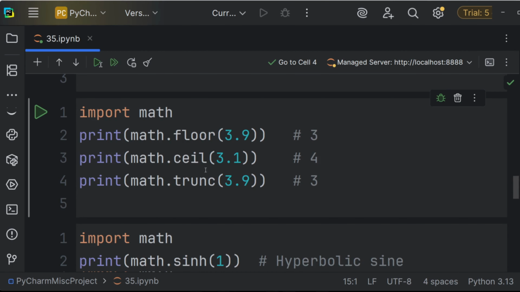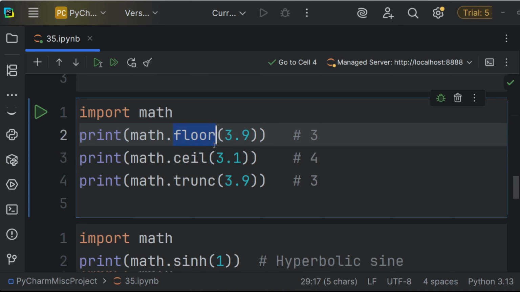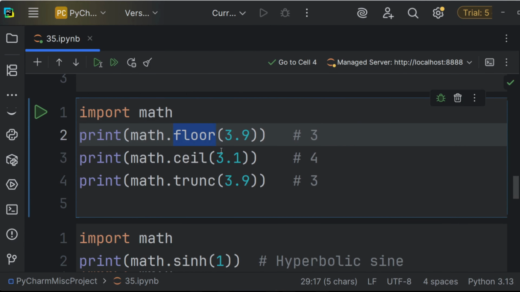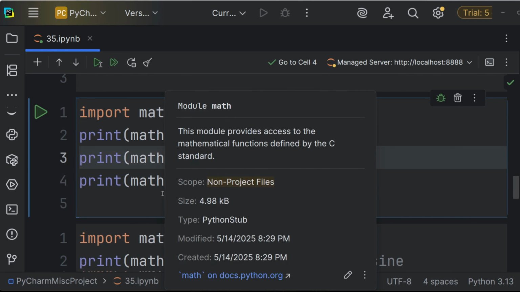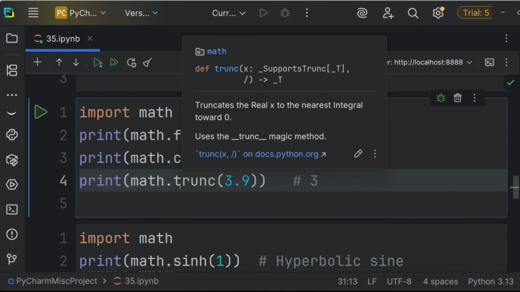Now, last time we saw the ceil and floor function. Python's ways to round a number down or up. So let's revise it really quickly. Floor 3.9 will round it down, which gives us 3. Ceil 3.1 will round it up, as it's a ceil function, and it'll give us 4. But what is trunc? You see, trunc just removes the decimal.